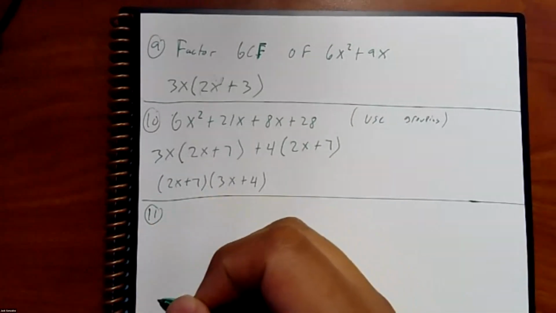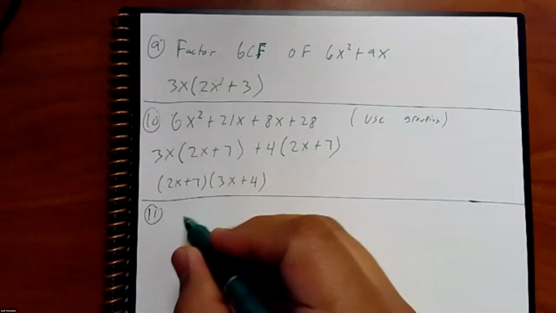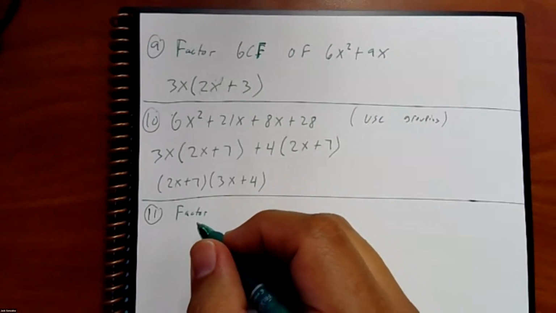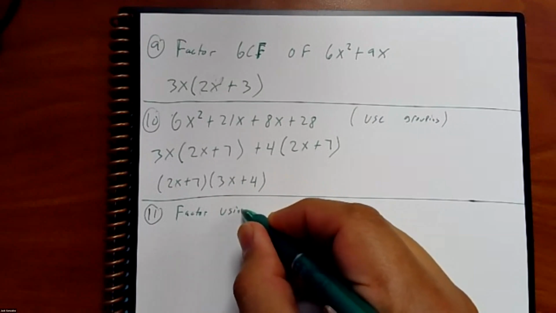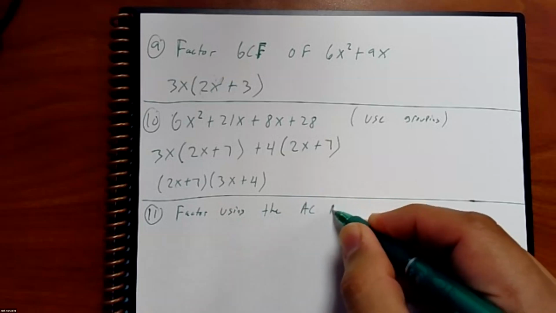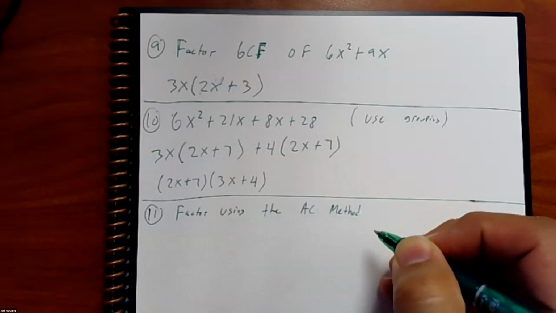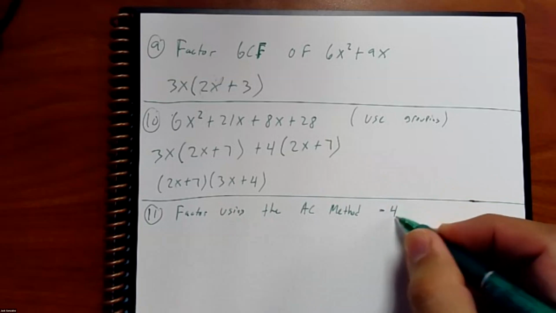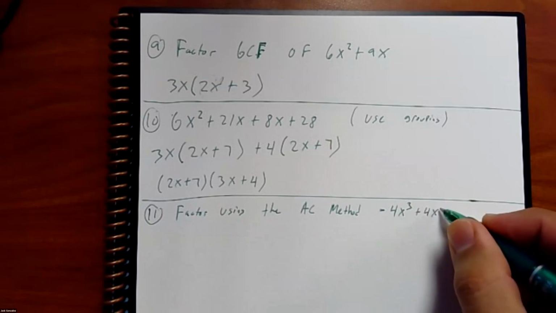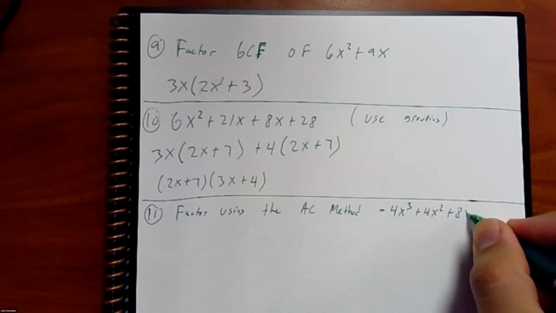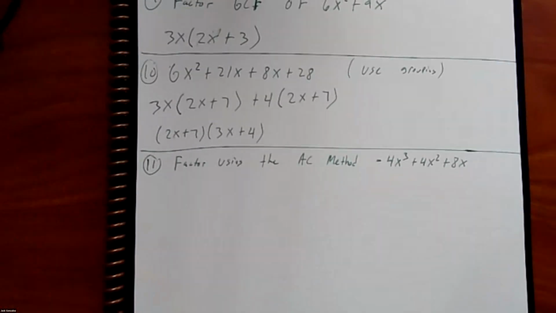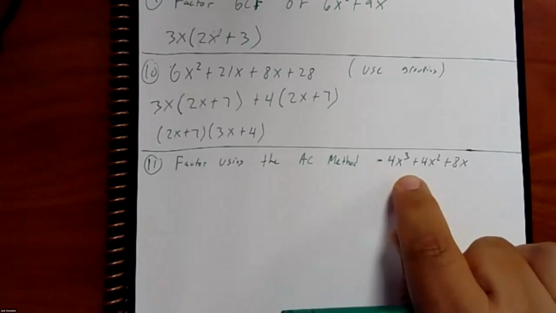You guys cool on 9 and 10? So first thing you should always do is factor the GCF. You also want the biggest power to be positive.